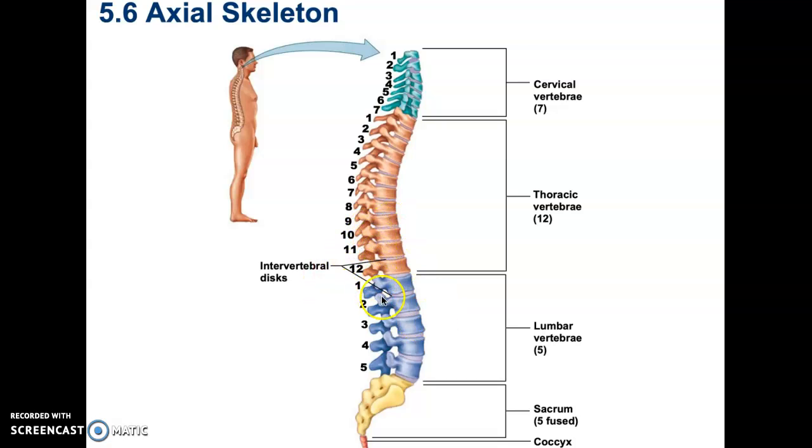So if it starts to press on your spinal cord, which is found running right through here, it can cause damage or loss of muscle control. If it bulges outward, right here, it can press against the sciatic nerve and cause a painful inflammatory condition known as sciatica. So that is what a slipped disc is.